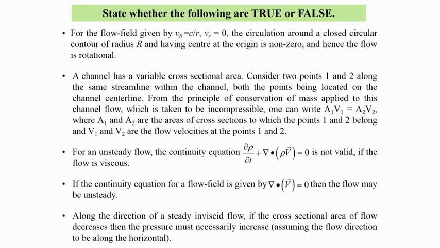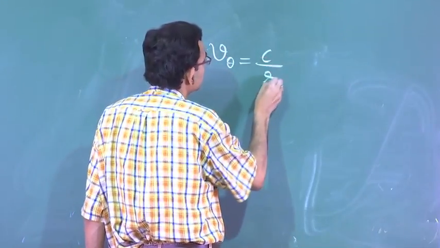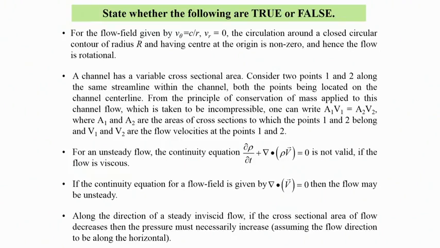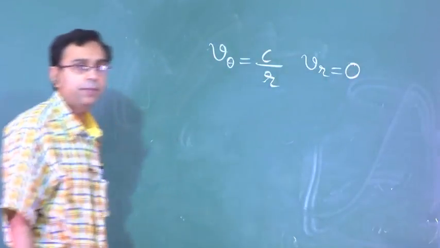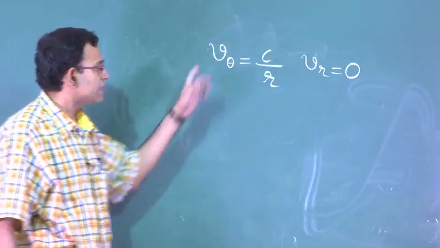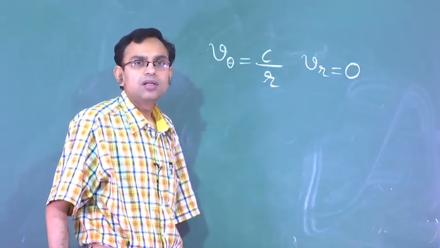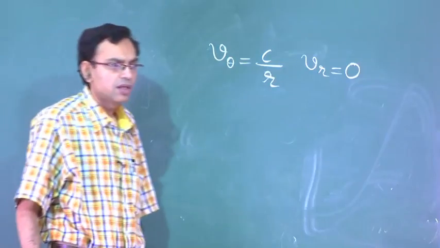You have a velocity field v theta equal to c by r, and Vr equal to 0. So, if you have a velocity field of this type where you have v theta as a function of r and Vr identically equal to 0, this is called a vortex field.